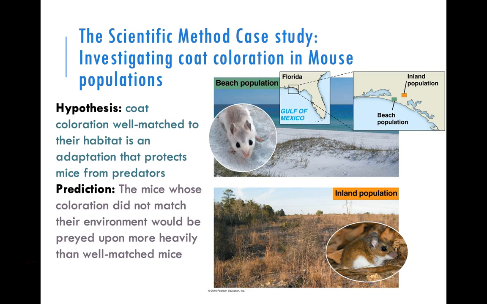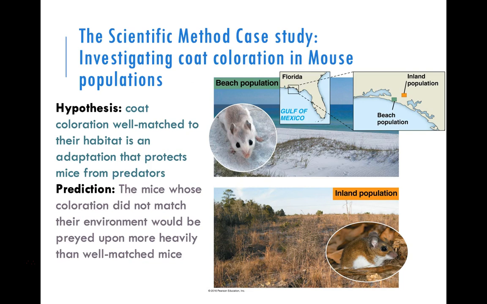So their hypothesis was that coat color was well matched to the habitat that these mice were found in. And the reason for that is that coat color is an adaptation that camouflages them from predators. So this seems like a very likely explanation to me. If you can think about lots of examples of individuals who are camouflaged with their environment.